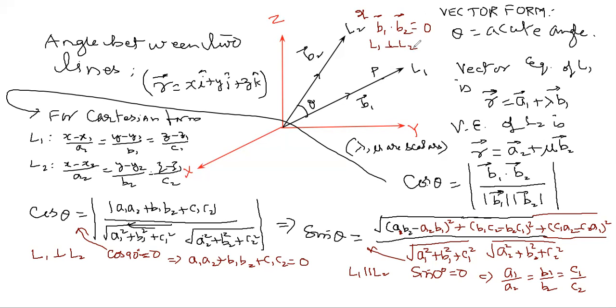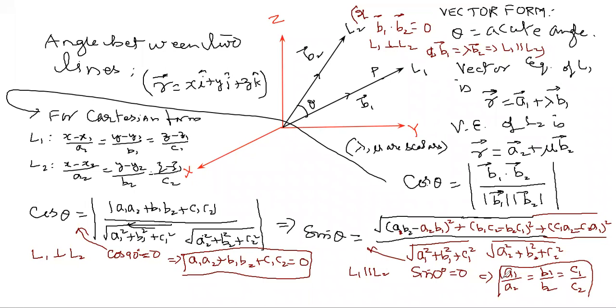And for two lines to be parallel, if vector B1 is equal to lambda times vector B2, this implies that L1 is parallel to L2. Generally we use the Cartesian form to prove that lines are parallel or perpendicular. So remember this: for perpendicularity, we have to show this one, and for parallel lines, we have to show this one.